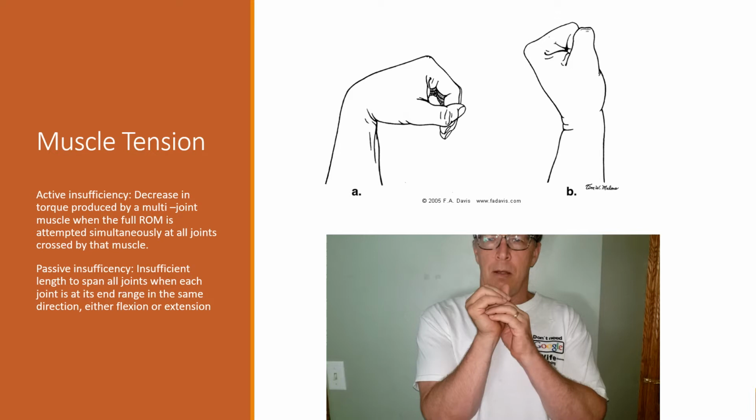What we've learned since then is that actually isn't the case. As we saw in the last lecture, in living organisms, including humans, although the number of cross bridges will affect how much tension a muscle is able to generate, it will never get so long or so short that it actually has no cross bridges.